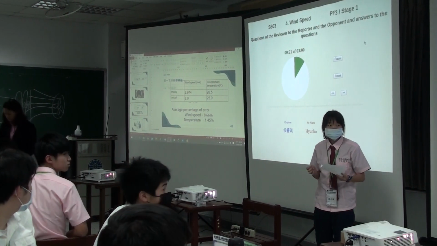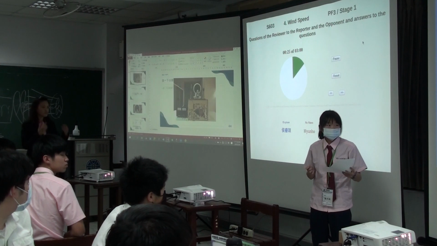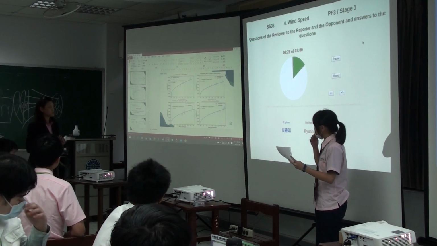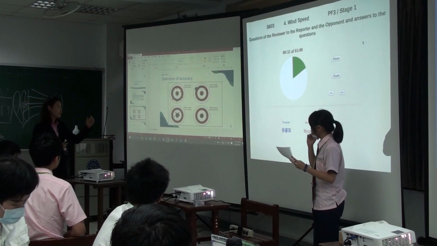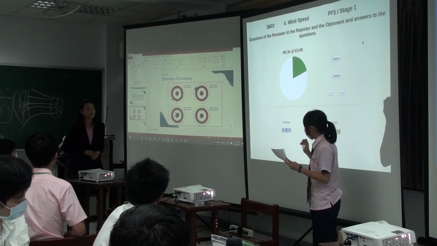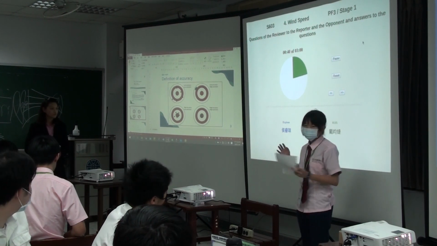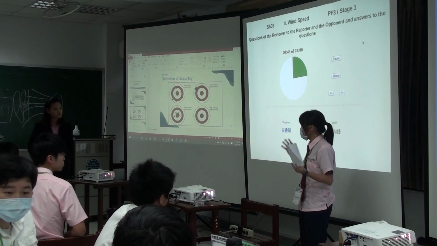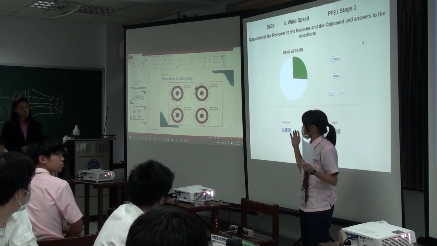I'll use the slope error to find the accuracy for the wind speed and temperature relationship. Okay, then what about you? In my report, I use the percentage error to define my accuracy. And in this graph, you can see there are different definitions of accuracy and precision. Then I also want to ask, because you seem to have different ideas on whether the radiation and conduction can be ignored or not.